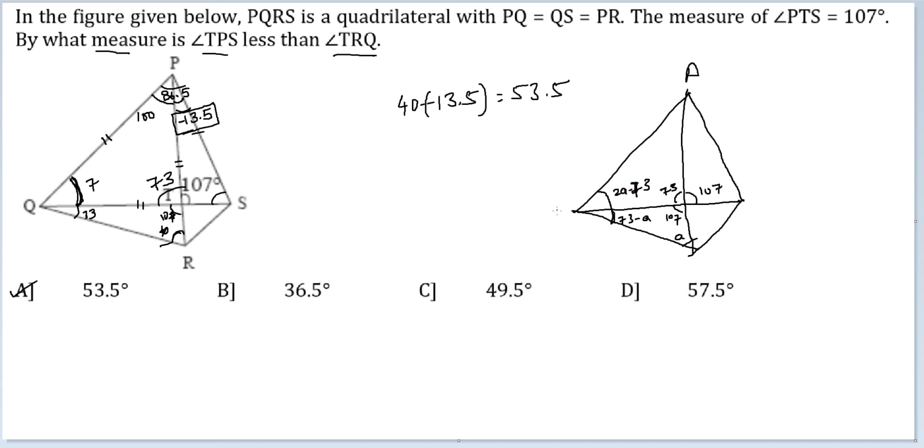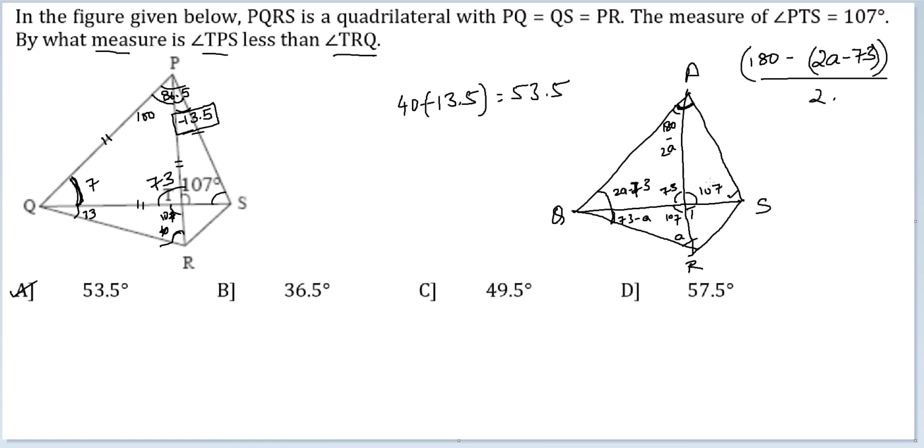This is P, this is Q, this is T, this is R, this is S. Now if this is 2A minus 73, this is 173, this will be 180 minus 2A. Fine. Now this angle and this entire angle are supposed to be equal. So look at triangle PQS: they will be 180 minus 2A minus 73, this entire thing divided by 2.